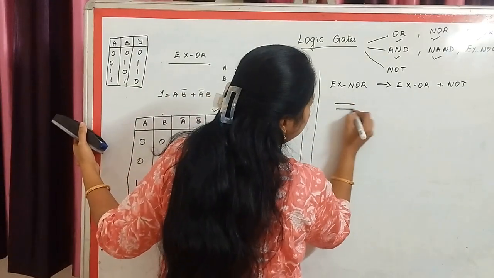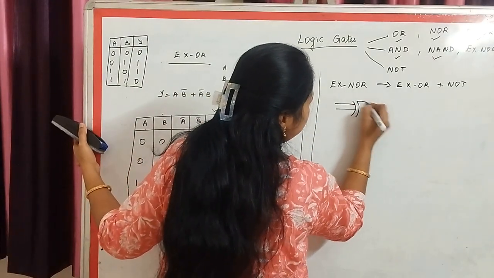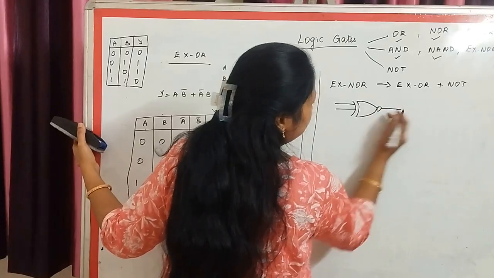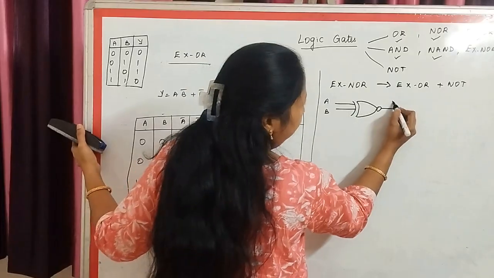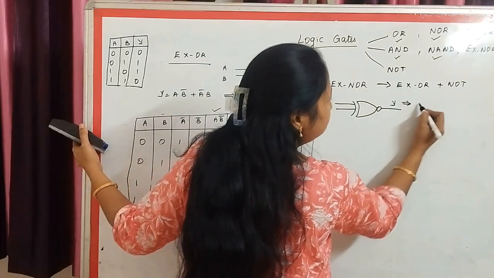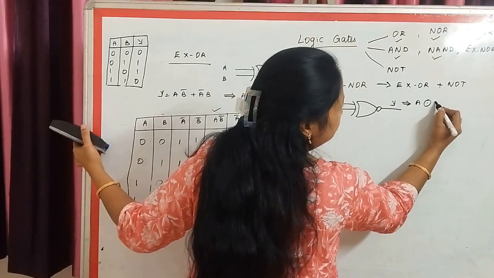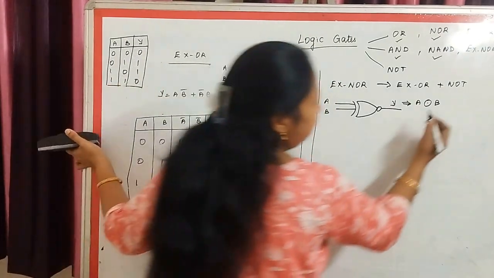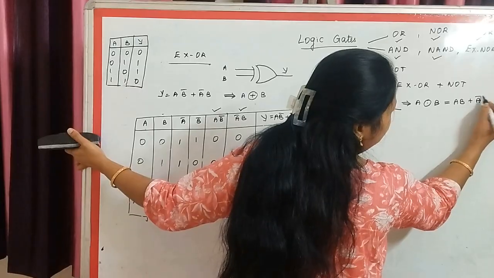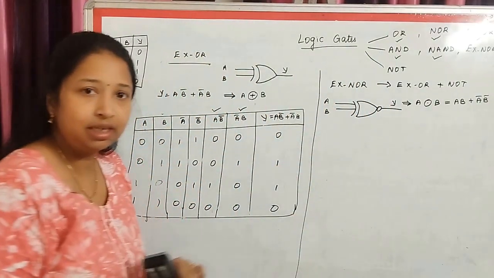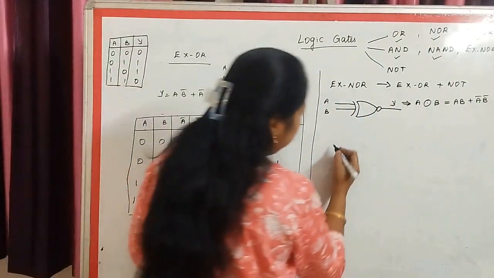How do you represent? You'll be representing it like this. It's an XOR, and I'll put a bubble. A, B and Y. Clear? This can also be represented like this. And the equation for this is AB plus A bar B bar. Is it clear? Now, how to write the truth table?